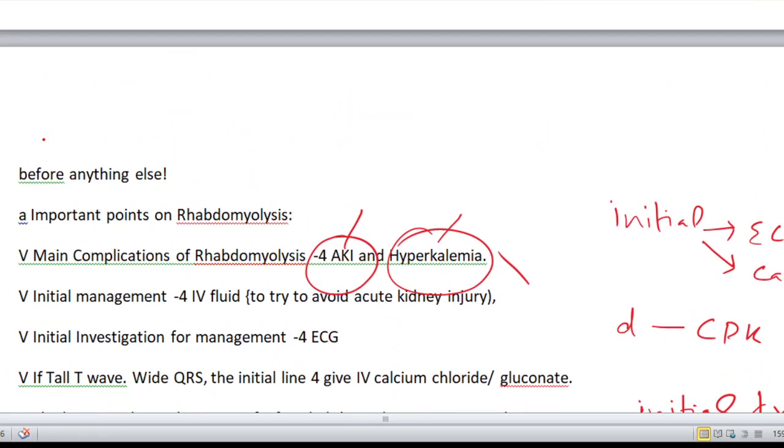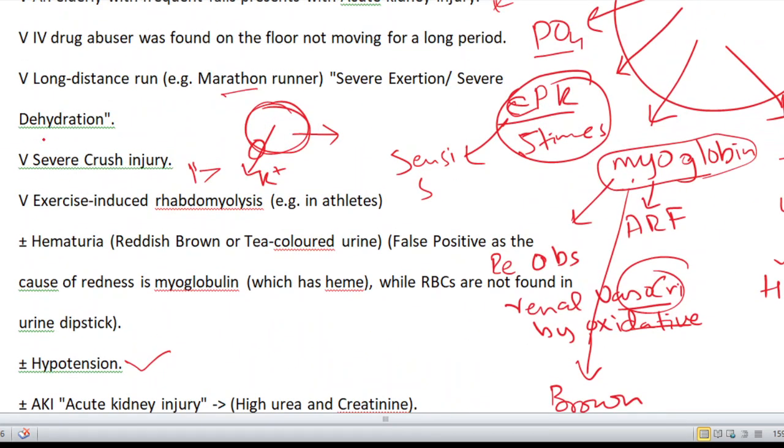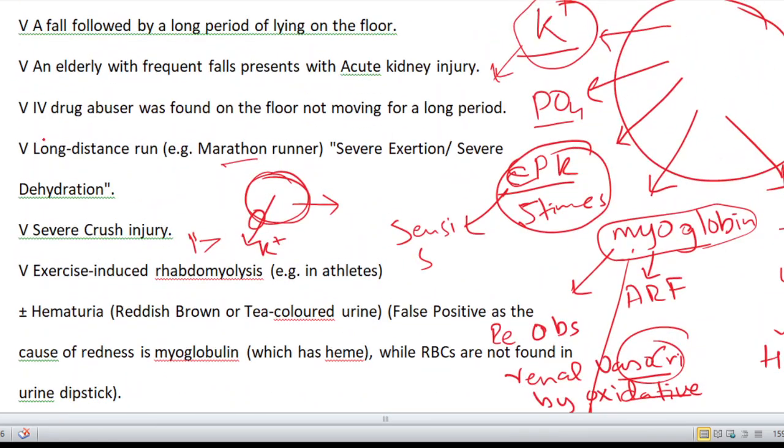Now, regarding the bicarb, we need to give this patient some bicarbonate to alkalize his urine, and the pH of his urine should be more than 7.